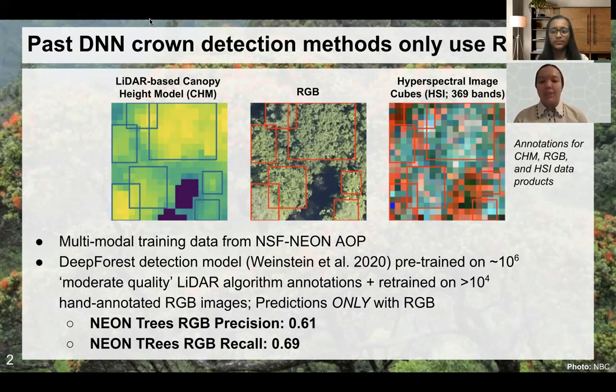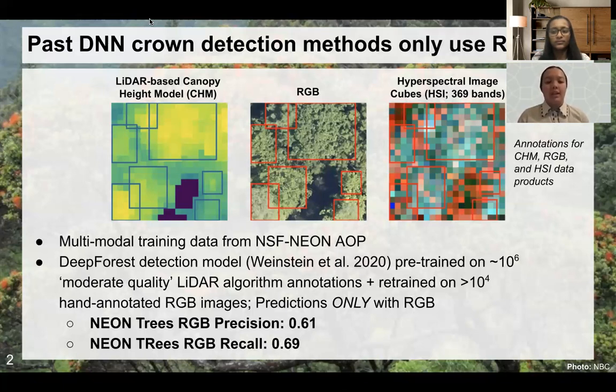Then there's RGB data, which is what we're all familiar with as images. And then there's hyperspectral image cubes, which is taking 369 different bands of spectra from over 380 nanometers to 2510 nanometers. And so we are going to use all of these different modalities of training data from the NEON data set.